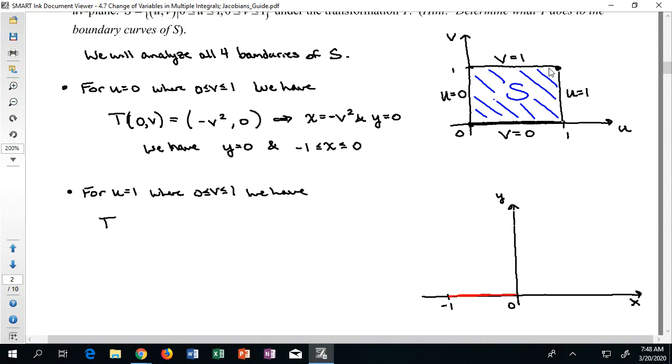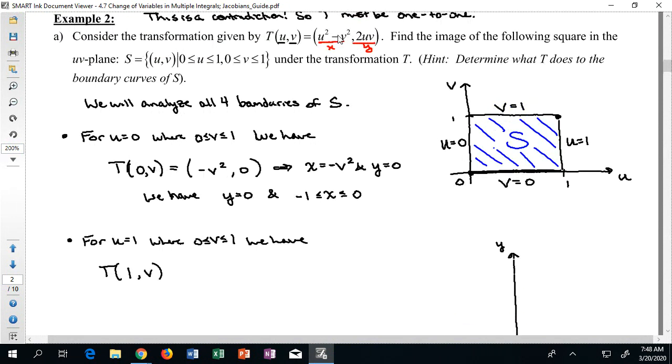For that, in place of u, I can always put in a 1. Now when I think about what the formula actually produces, if u is always a 1, then I'm going to get 1 minus a y squared, or sorry, 1 minus a v squared, excuse me, and then I'm going to get a 2v. So this is the formula ultimately that I'm going to be constructing here.